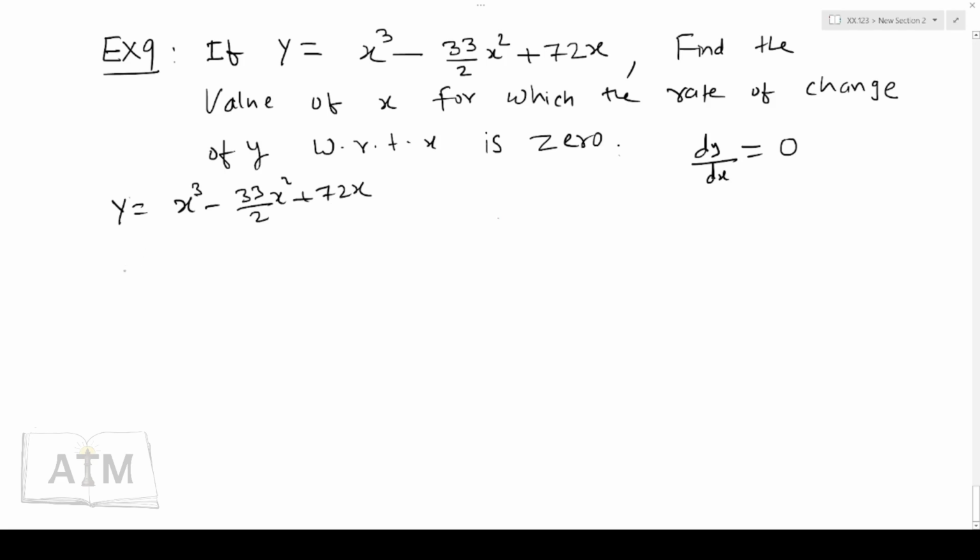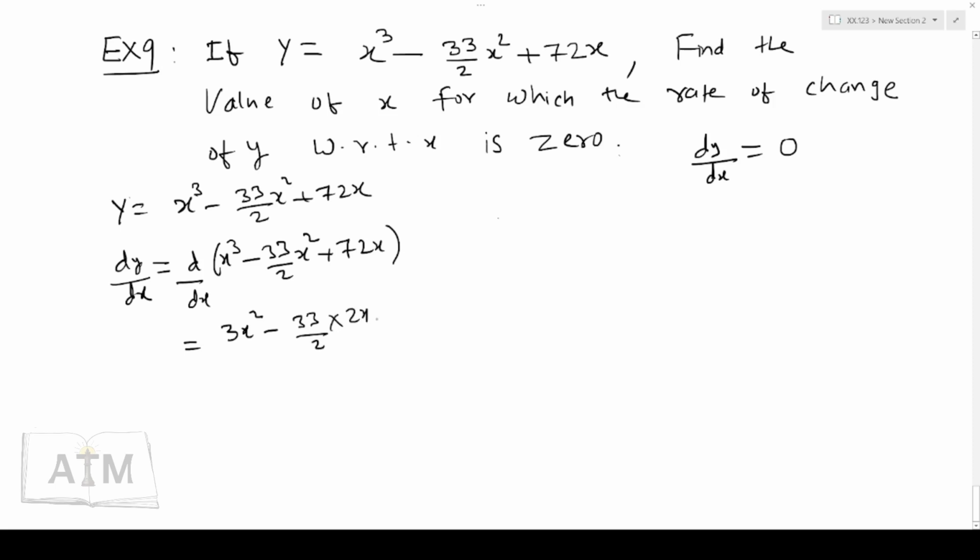Here the rate of change of y with respect to x is nothing but dy by dx. So differentiating both sides with respect to x, this equals 3x square minus 33 upon 2 into 2x plus 72.